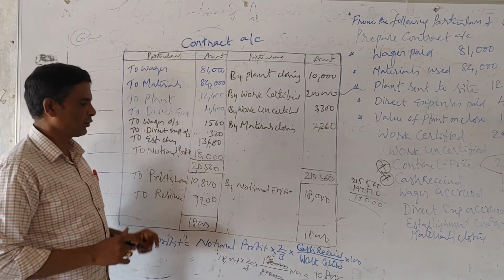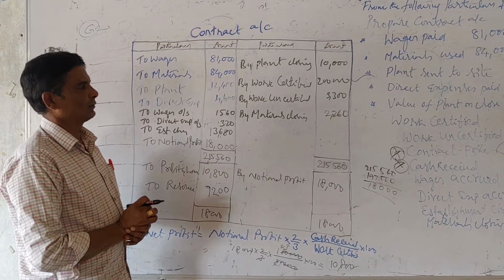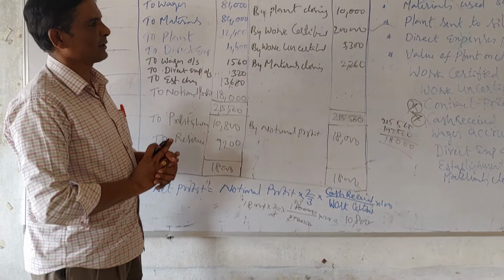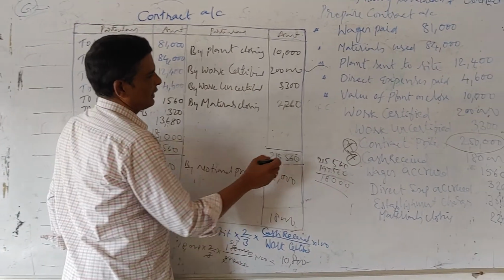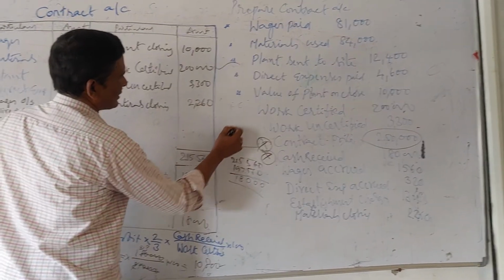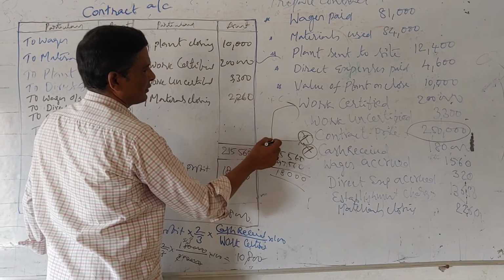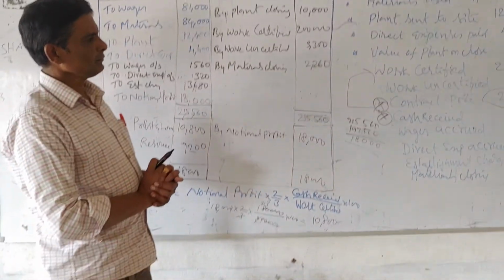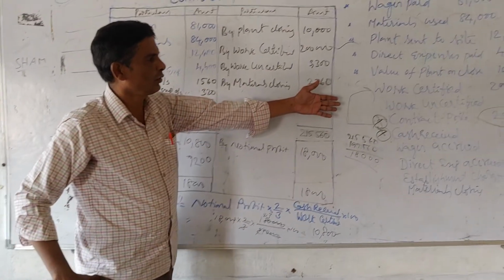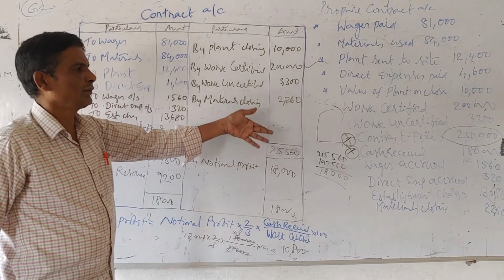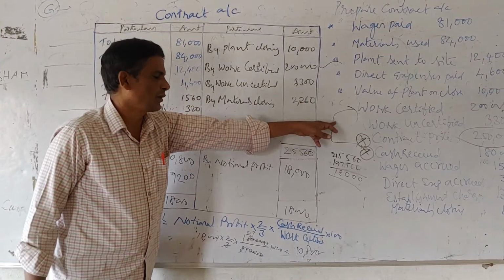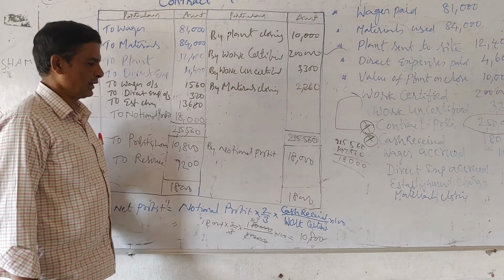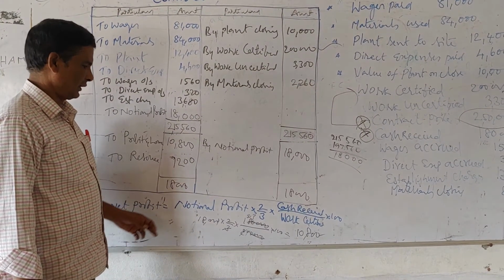At this juncture you have to know the percentage of work certified, which is seen with the contract price. Contract price is 2,50,000 and work certified is 2 lakhs, so by seeing it you know that work certified is more than 50%. When work certified is more than 50%, this formula is used: notional profit into 2 by 3 into cash received by work certified into 100.